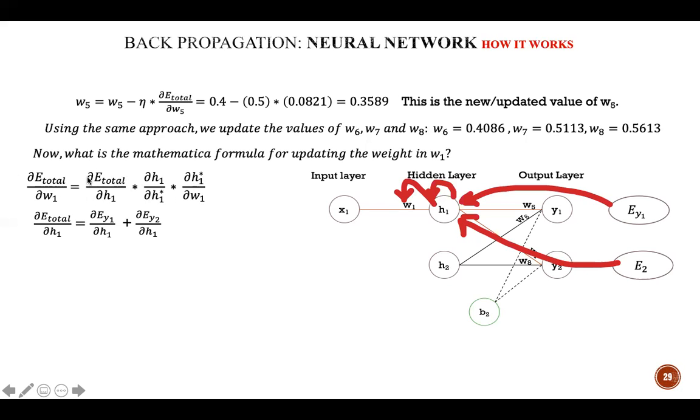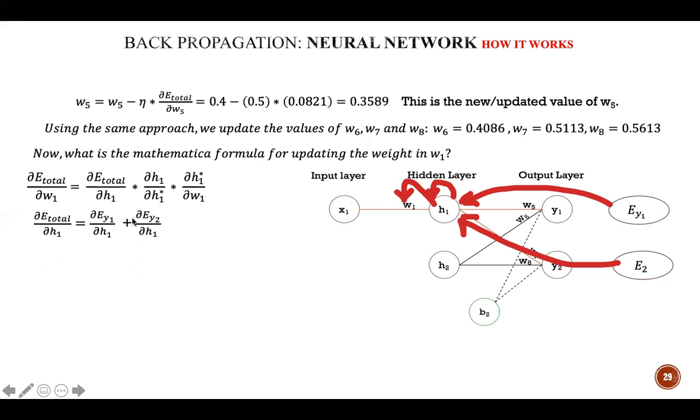Now, how do you calculate this one, partial E over partial H1? This is how you calculate it: partial E with respect to Y1 over partial H1, plus partial E with respect to Y2 over partial H1. So you add the errors that you have from Y1 and Y2, from the two outputs.